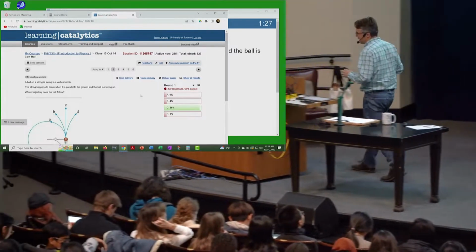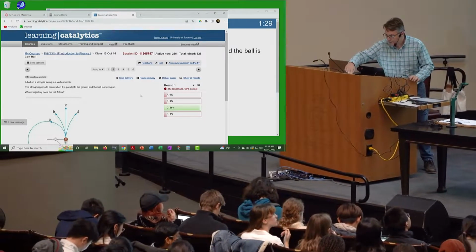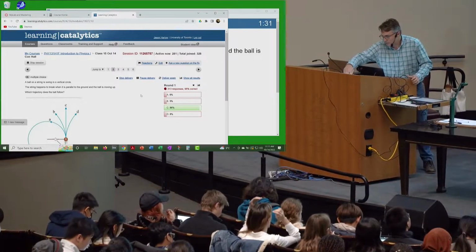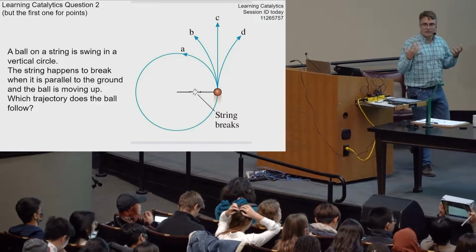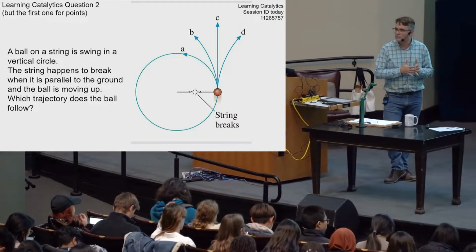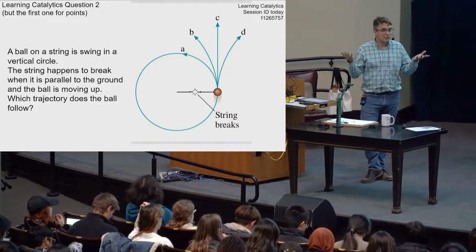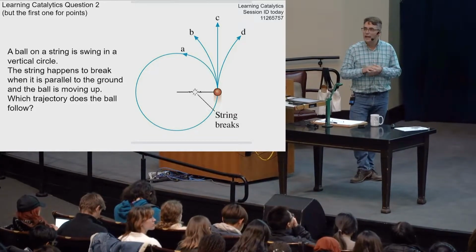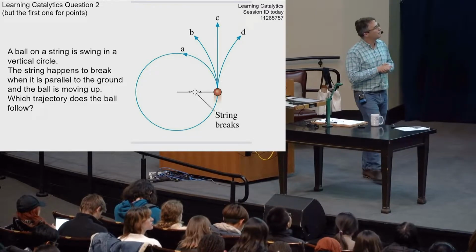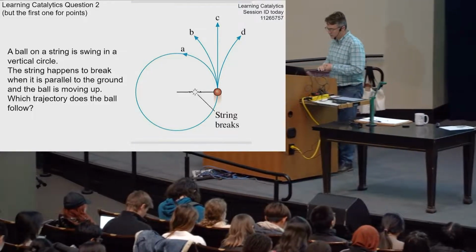But if that force is taken away, then it'll go on at a constant velocity in a straight line with whatever its velocity was when the force went away, which is that tangent. Okay? Believe it or not.